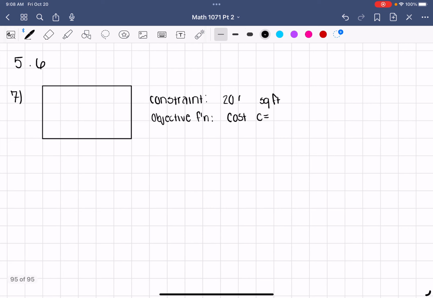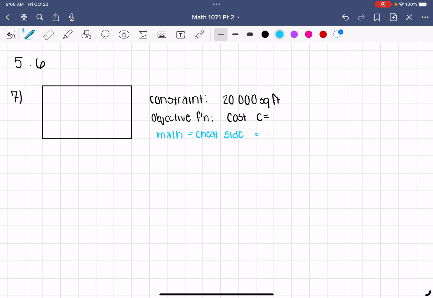So, a math person would think, okay, cheap side is $A per foot, which makes the expensive side $3A per foot.